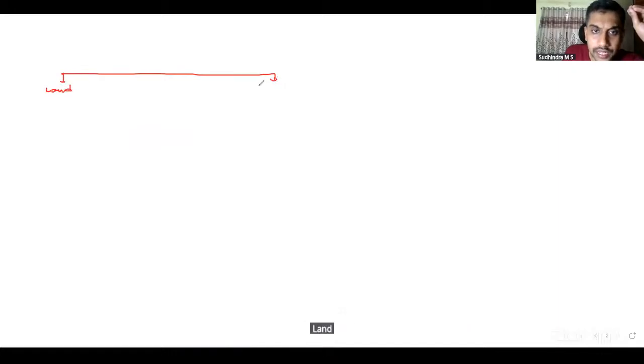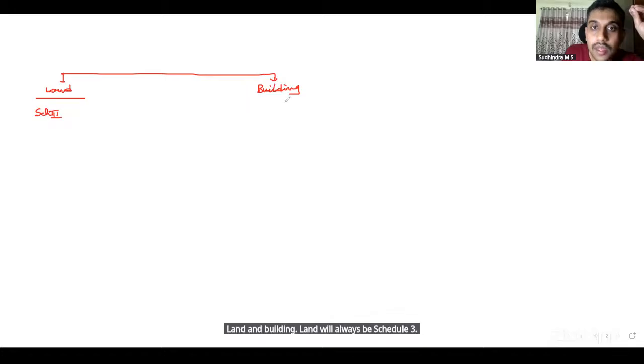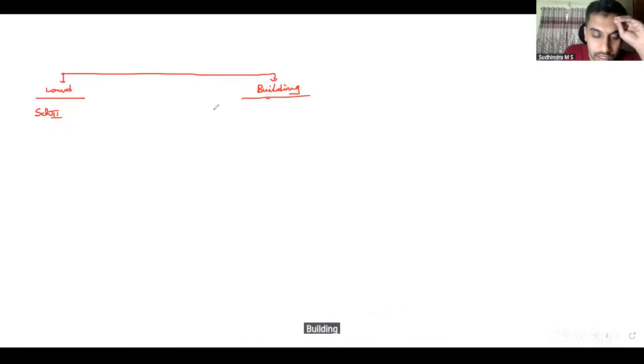Land and building. Land will always be Schedule 3. Building, I have to check when the consideration is received.